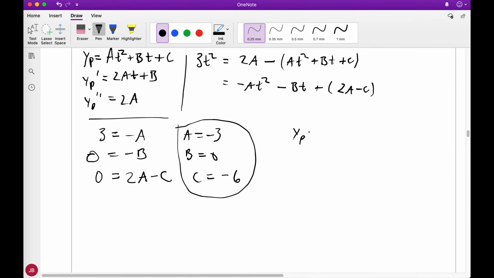We get yp has to equal a times t squared, so minus 3t squared, and then plus 0t, and then minus 6. Well, let's simplify that. That's minus 3t squared minus 6.